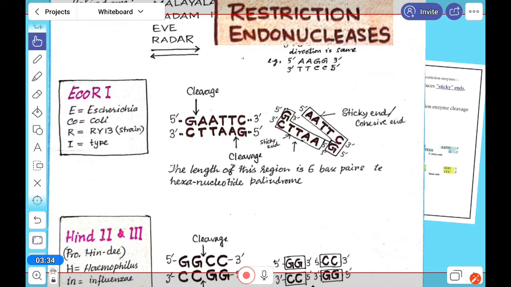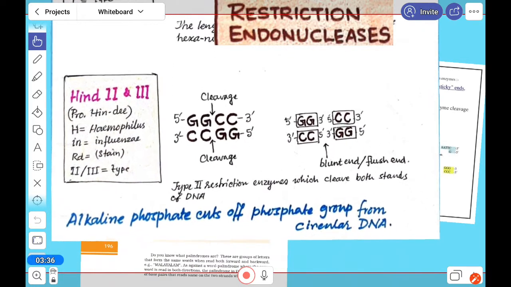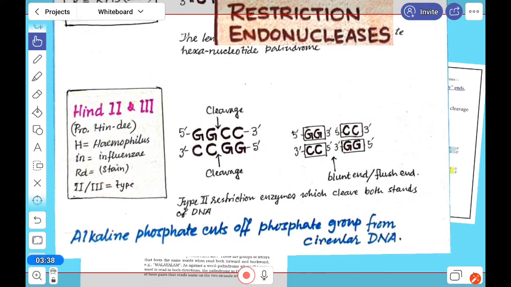Another type, if we look here, is HindII and HindIII. Hind is from Haemophilus influenzae, and d is the strain, and here are types 2 and 3. Now look here, it will cut in the middle.